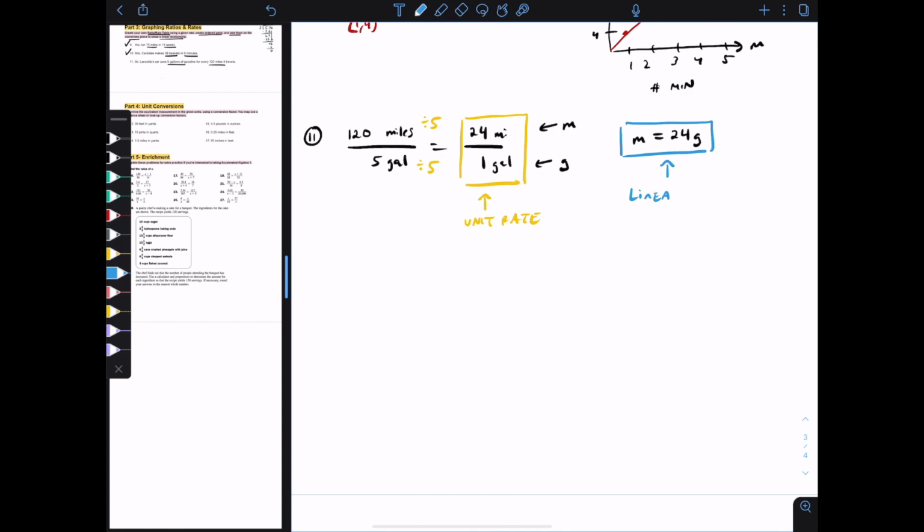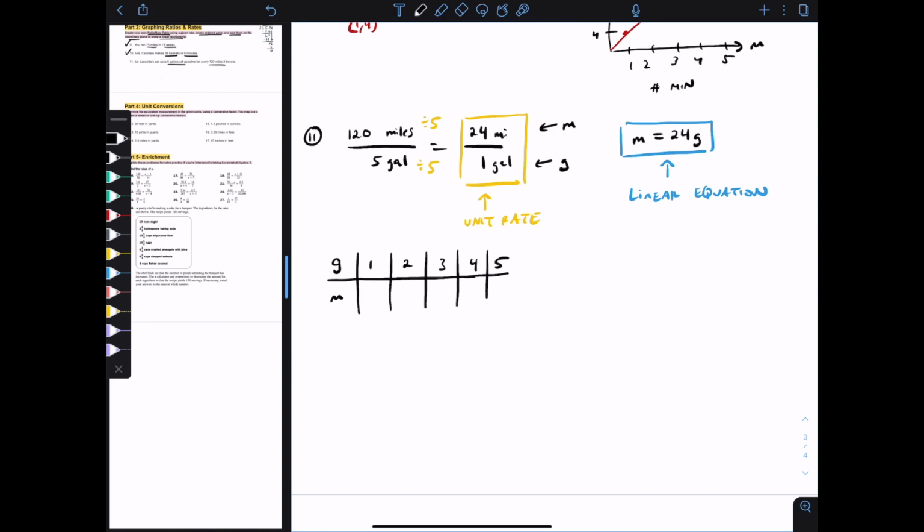Our linear equation. If it's a linear equation, we know we can make a table, we can make a graph, so that's exactly what I will do now. If we say we have the gallons, which is the independent variable, and then we have the miles, which is how many miles we can travel, I'll just go ahead and make our table of 1, 2, 3, 4, and 5 gallons.